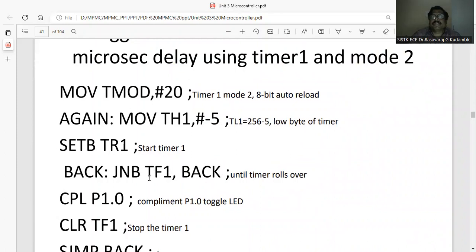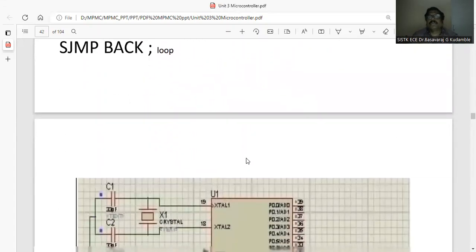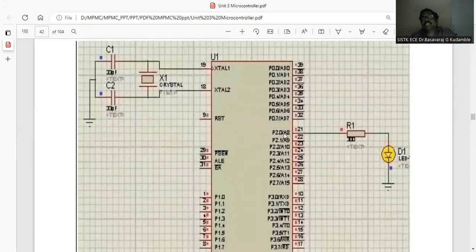So whenever overflow occurs, it will jump back again. You are loading the value only once here, because only once you need to load the value. Every time it is not required to load. That is the advantage of mode 2, where the LED is connected.